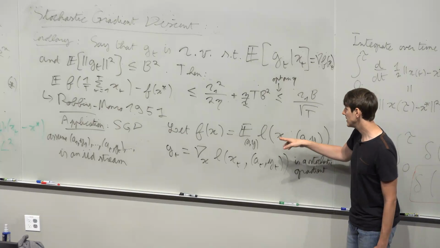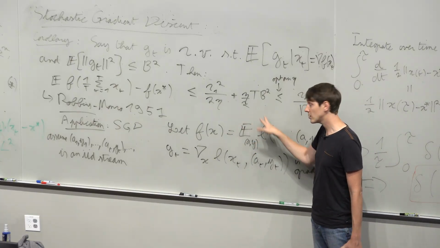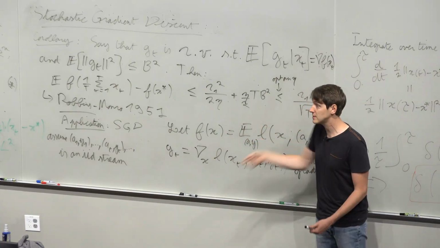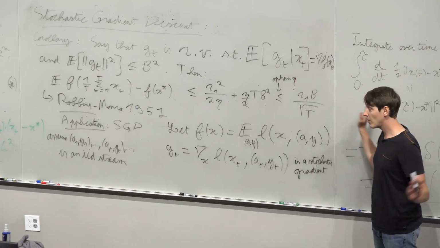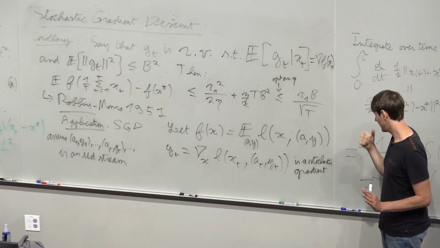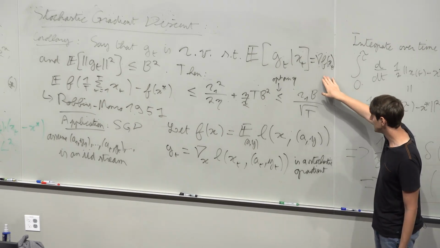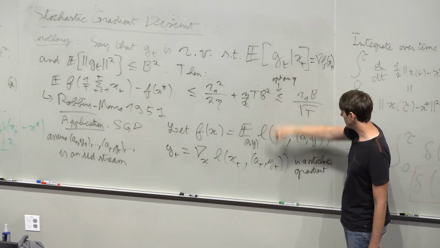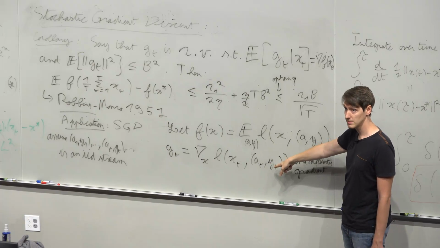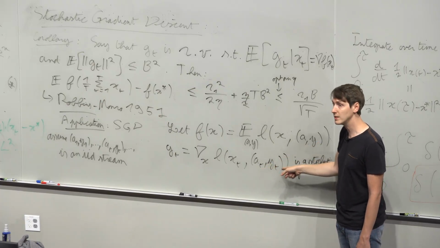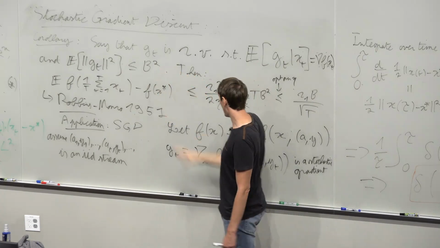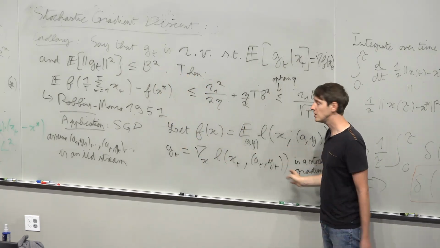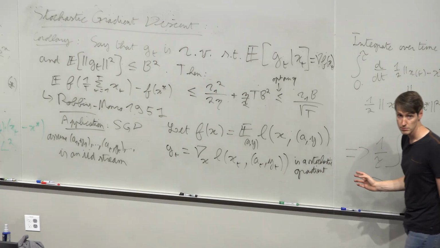So instead of optimizing over the entire distribution, I just take one example and step in that gradient direction. Then this theorem directly applies. I have nothing to do, I just apply this theorem. The expectation over at, yt is correct, and I have a norm bound just assuming that each individual loss is controlled.